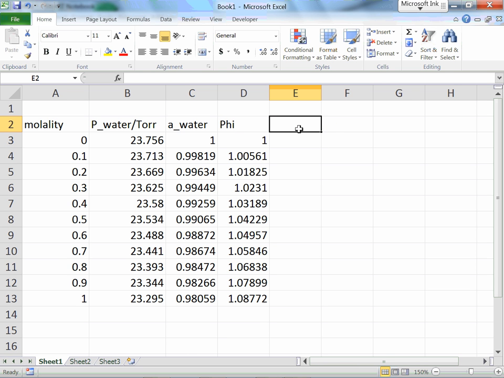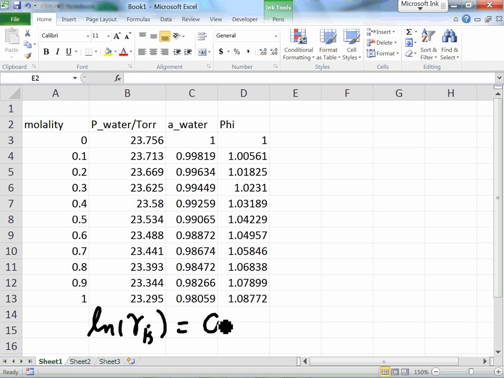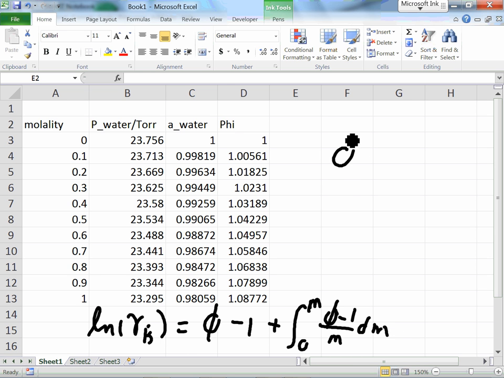What's our formula for ln of gamma? Okay. ln of gamma B equals phi minus 1 plus the integral from 0 to m of (phi minus 1) over m dm. So what we need to do is fit phi versus m to a polynomial.